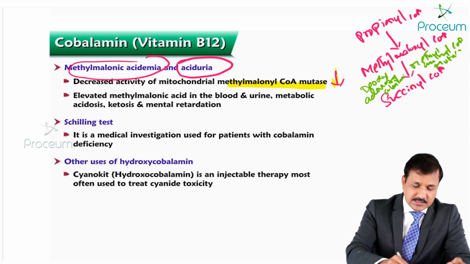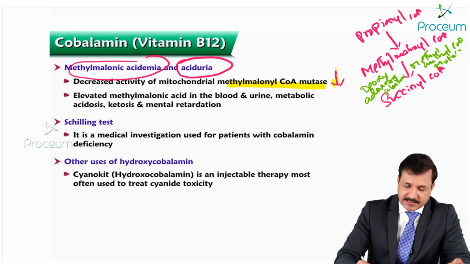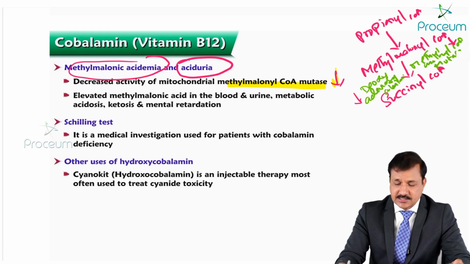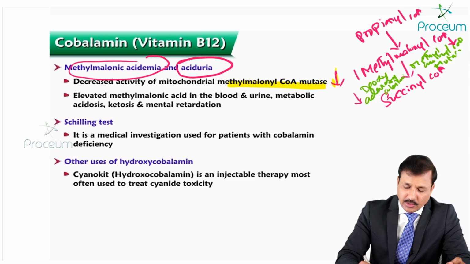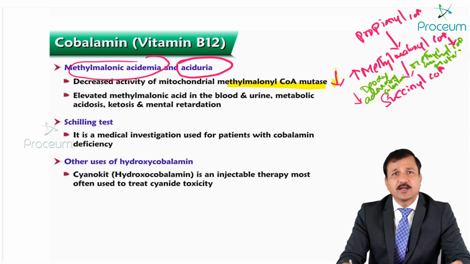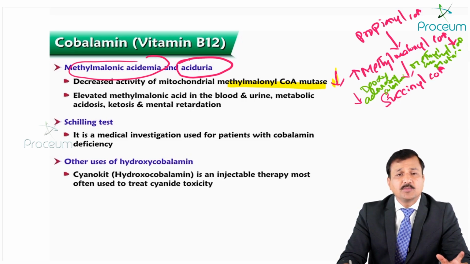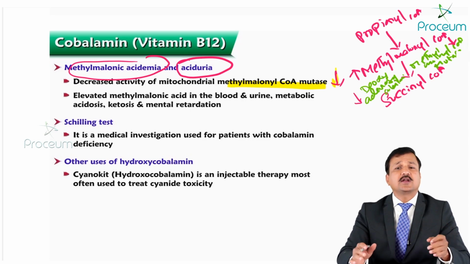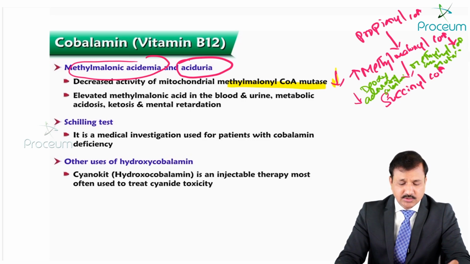So what happens if this deoxyadenosyl cobalamin is decreased? So you're going to decrease this cobalamin. Now that decreases methylmalonyl-CoA mutase enzyme, and that leads to an increase in methylmalonyl-CoA, and that leads to accumulation of methylmalonic acid in the blood, which further appears in the urine, leading to methylmalonic aciduria.